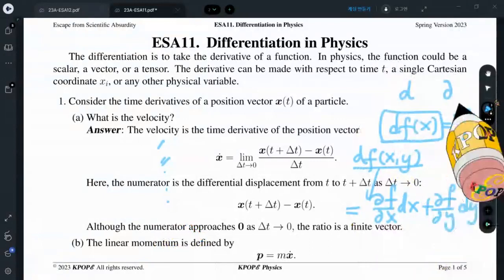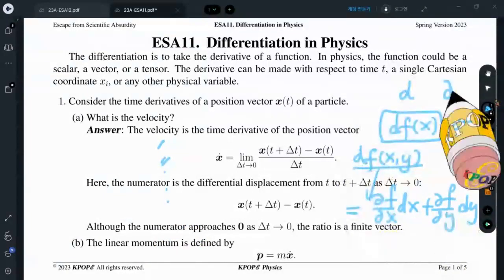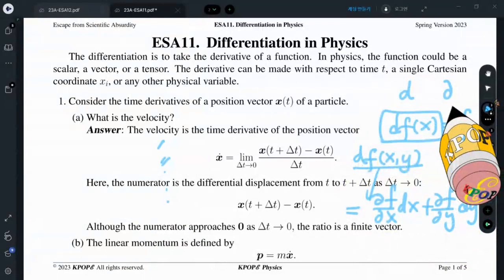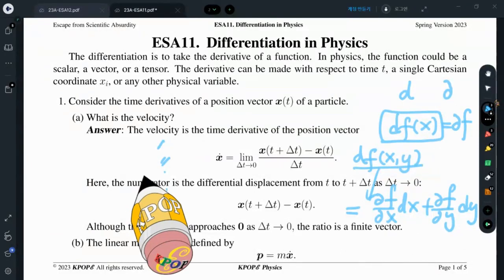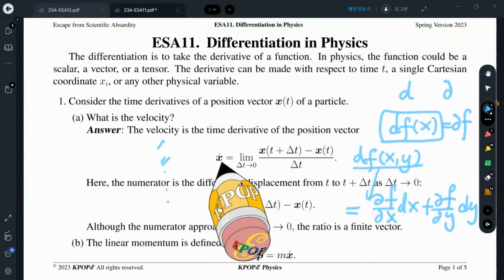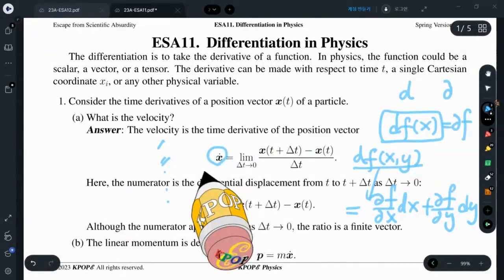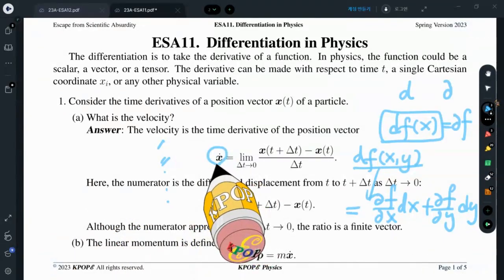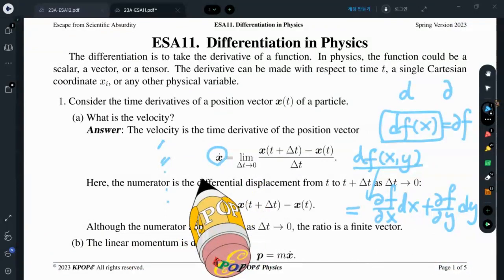Leibniz's way is much easier to write and easier to deal with algebraically. So we prefer Leibniz method to Newton's method. But in some case, something like this, we use Newton's method.